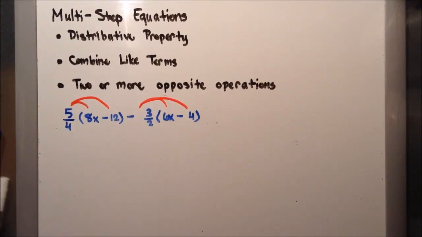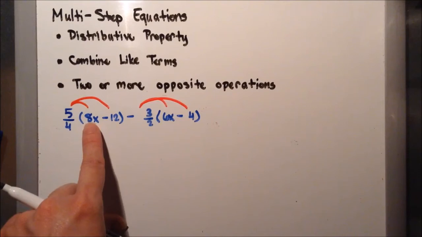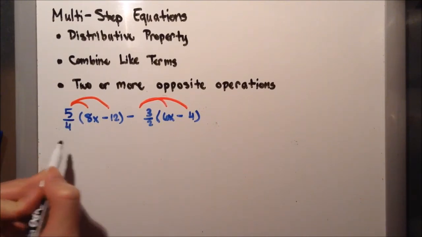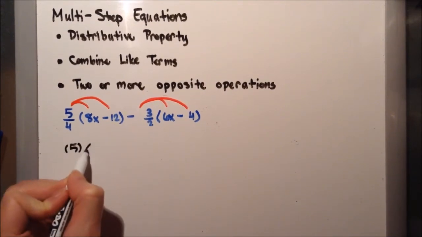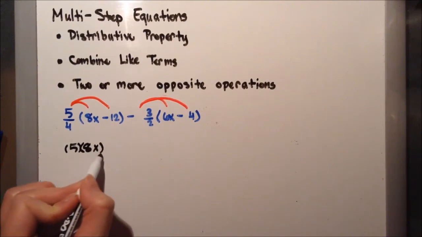So since we have fractions, what I typically do is, when I'm multiplying a whole number times a fraction, I multiply the whole number to the numerator. So when I multiply, it's going to be 5 times 8x over 4.